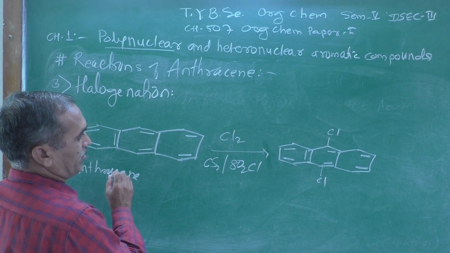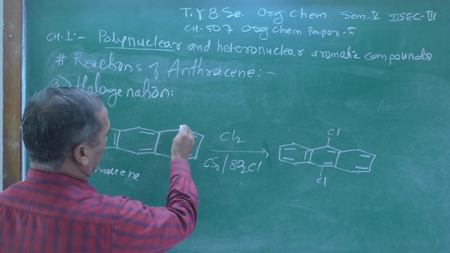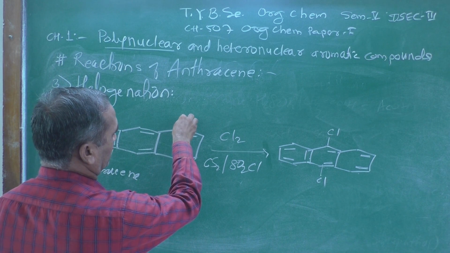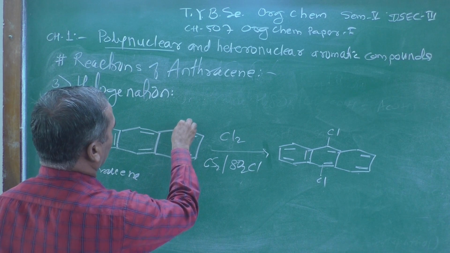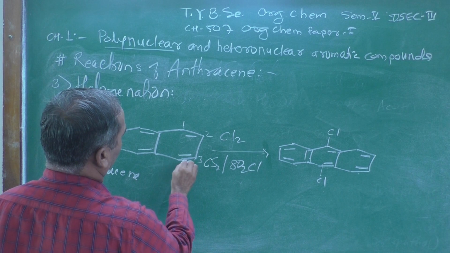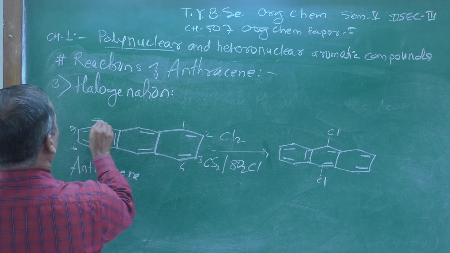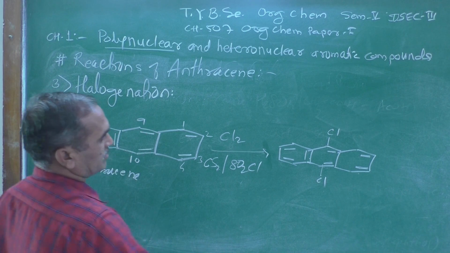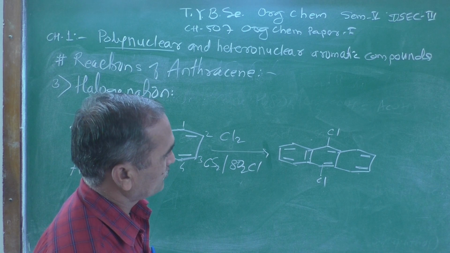Do you remember the numbering system of anthracene, which is 1, 2, 3, 4, 5, 6, 7, 8, 9 and 10? Observe the structure carefully.